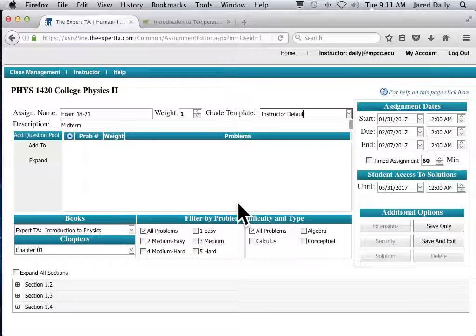We'll worry about the problems that we're putting in it later. But we will make it due the 17th of February. It will be a timed assignment for probably 2 hours. Maybe we give you 3 hours.